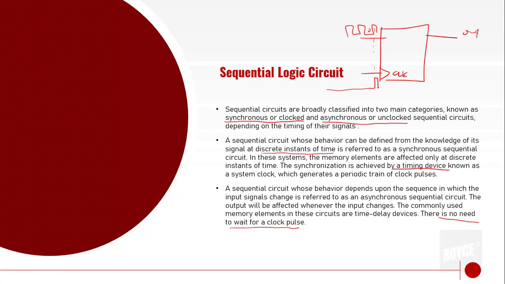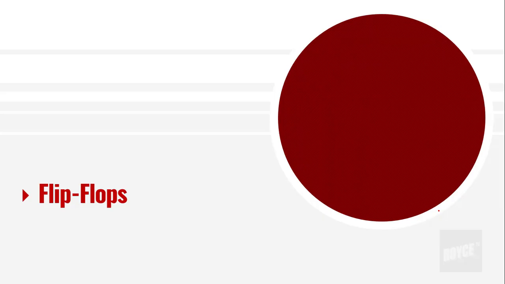Kung sumabay yung clock, dun pa lang sasabay, magkakaroon ng change sa output. Okay? Pero kung yan ay asynchronous, every time nag-change yung input natin, it will correspond to a certain change sa output natin. Okay, that is asynchronous sequential logic circuit.